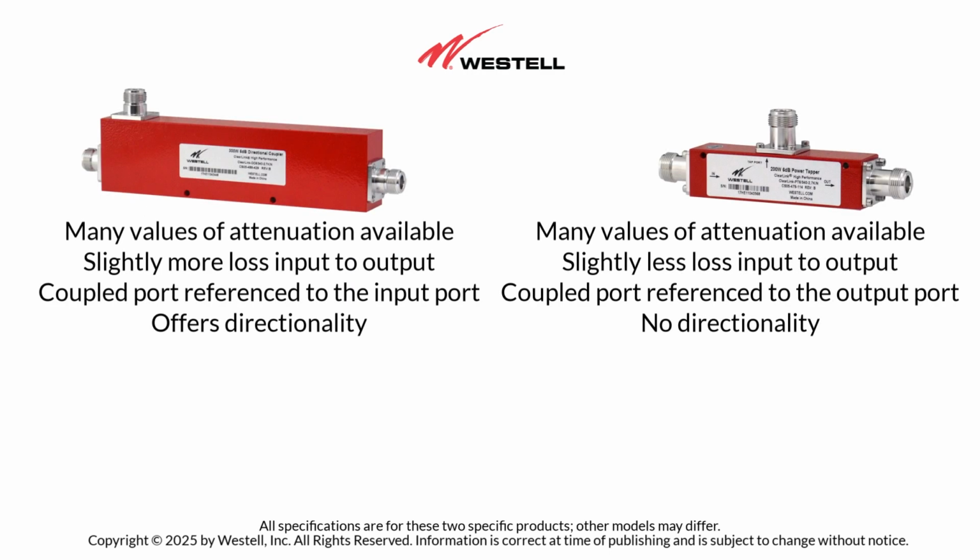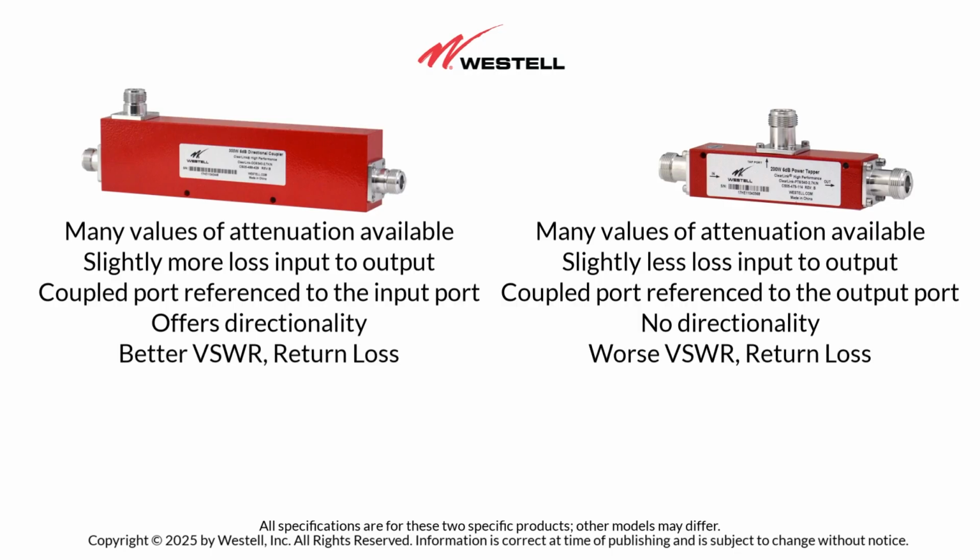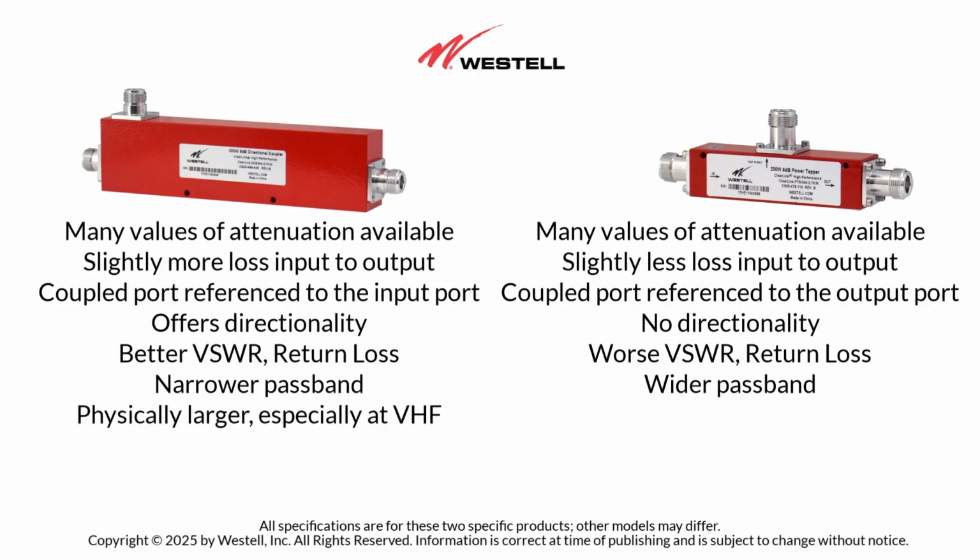Directional couplers generally have better return loss ratings compared to tappers. On the other hand, tappers usually offer a wider passband than directional couplers. Directional couplers that can handle low frequencies, like VHF, tend to be larger than those designed primarily for higher frequencies. Conversely, tappers are physically smaller than directional couplers, particularly at lower frequencies.